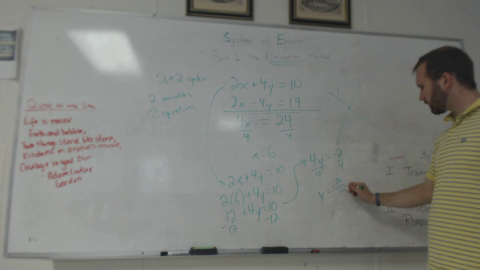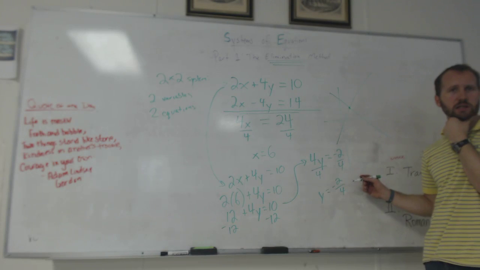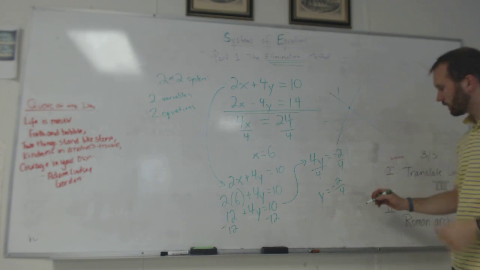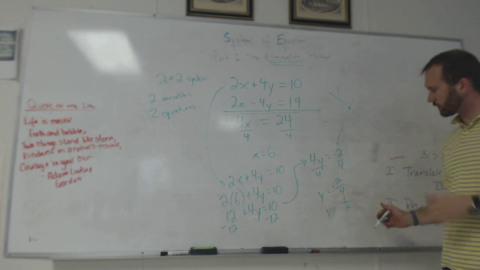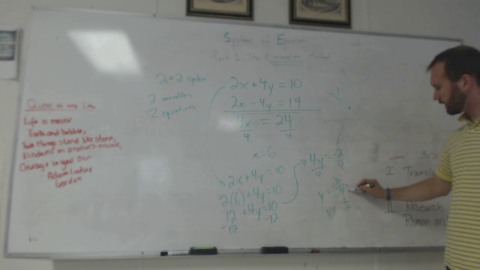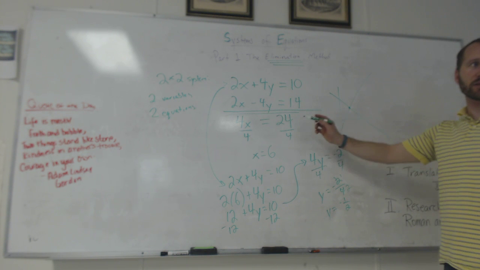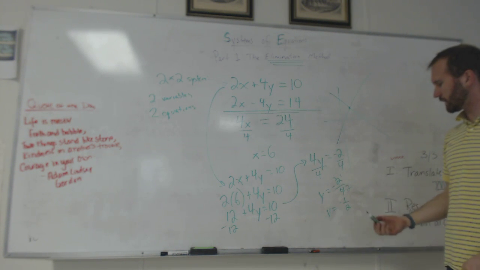I have a smaller number up top, so this is going to be a fraction. But is there any way to reduce this fraction? Negative 1 over 2. Nice. This equals negative 1/2. Right? Maddie saw that we could cancel a 2 out of there and a 2 out of there. So my solution is both of these things. X equals 6 and y equals negative 1/2.